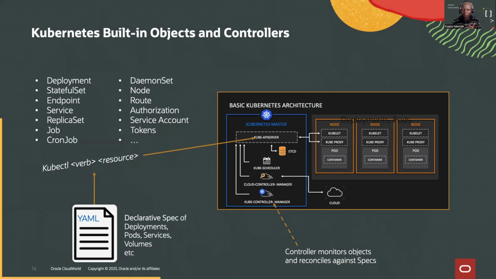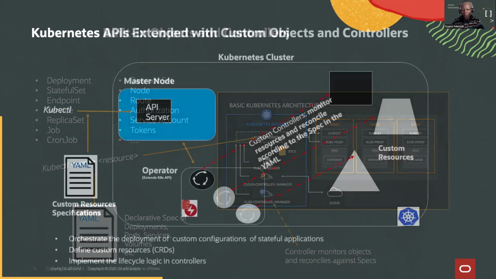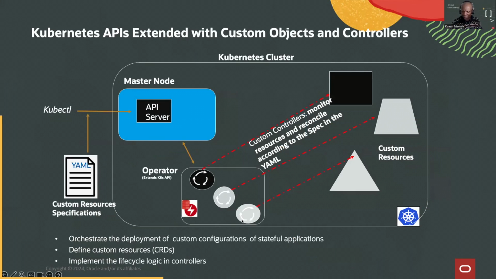Now how do we make sure we can also manage Oracle databases? To do that, let me use an abstract image. In this abstract image, you see different shapes here. Imagine those are different Oracle database deployments. So this is the API server. An operator is an extension of the API server. An extension meaning you are asking Kubernetes to manage non-native objects as its native objects. And the only way you can do that is by providing an operator.